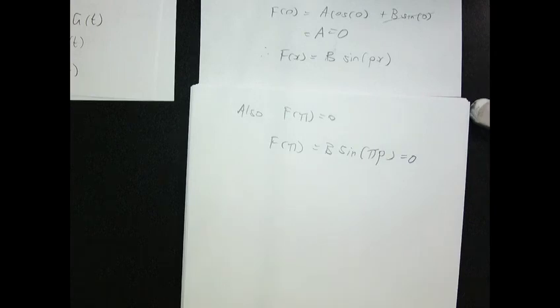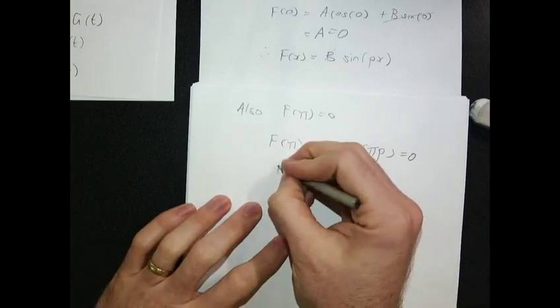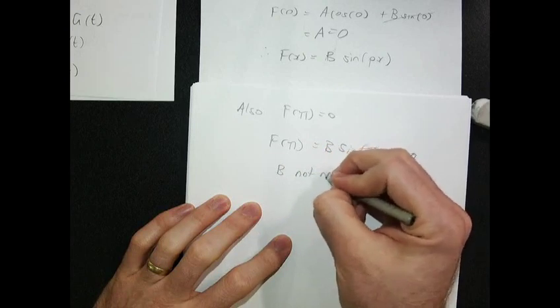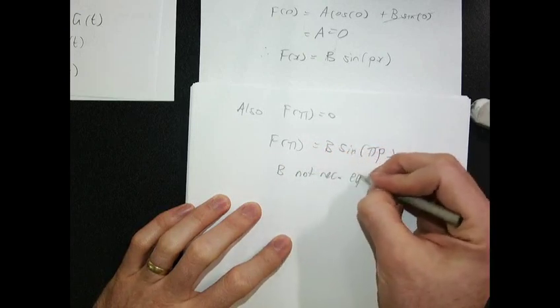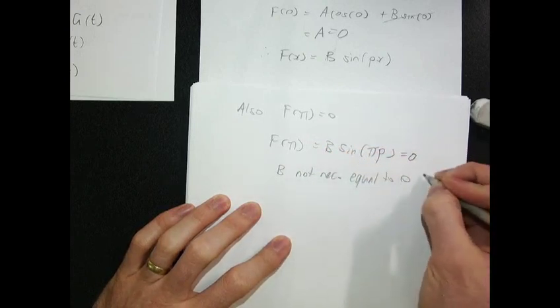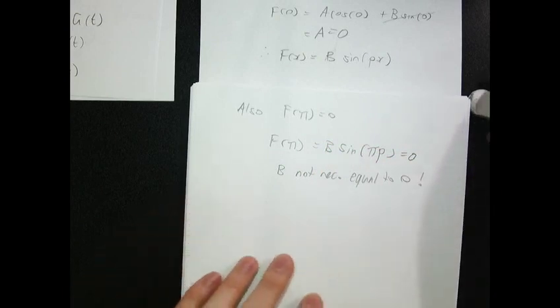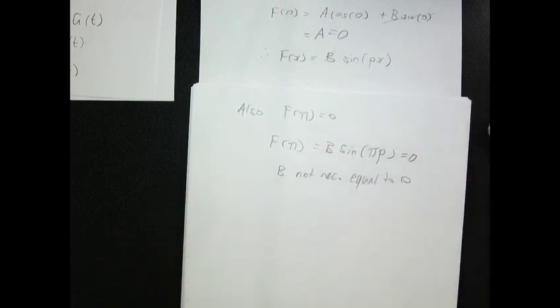So just for my own purposes, I like to say b is not necessarily equal to 0, just to remind myself that this is why I'm getting to my exact answer. It's not necessarily equal to 0 because sine of pi p could be 0.